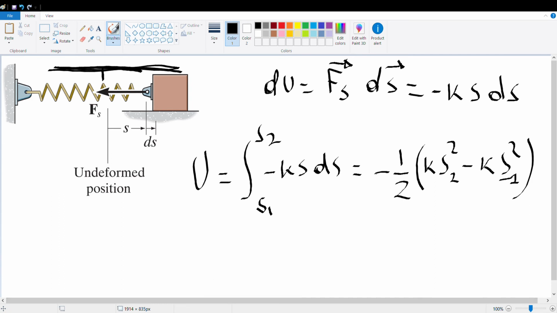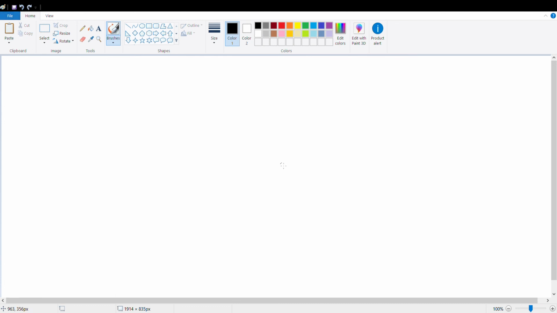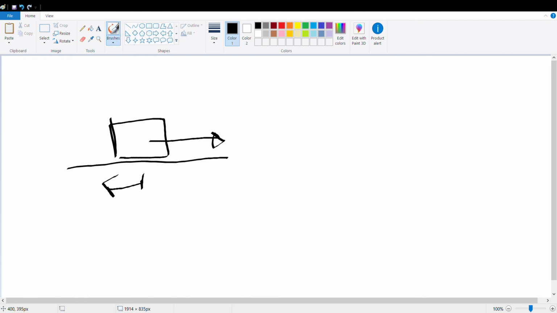So let's look at a force that is not a conservative force, and that's friction. Friction depends on the path you take, because if you remember, when I have a block and this block is moving, the friction force is going to be parallel to the displacement.